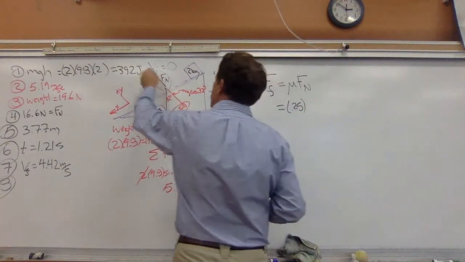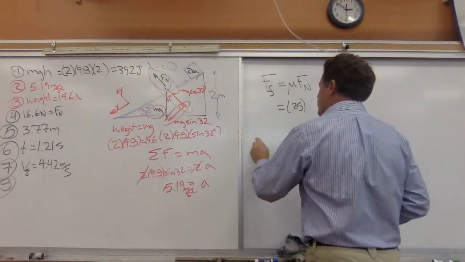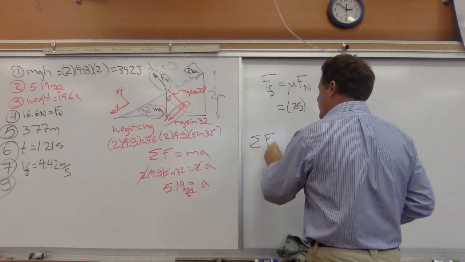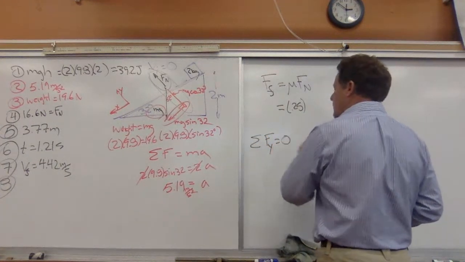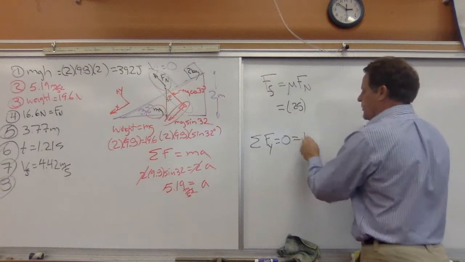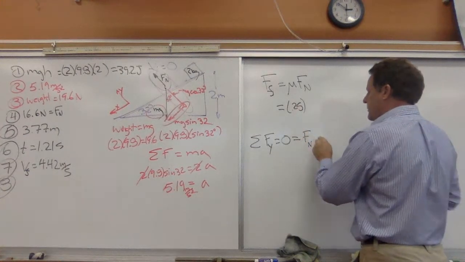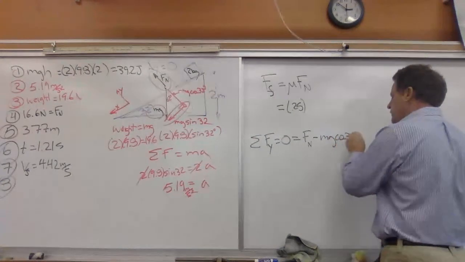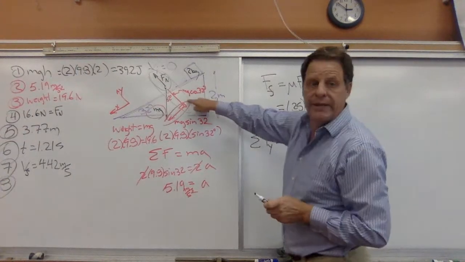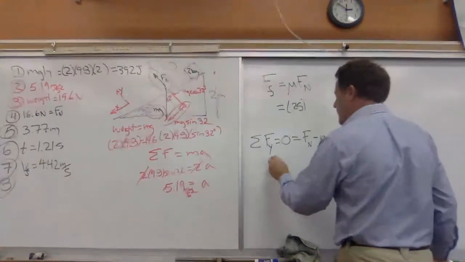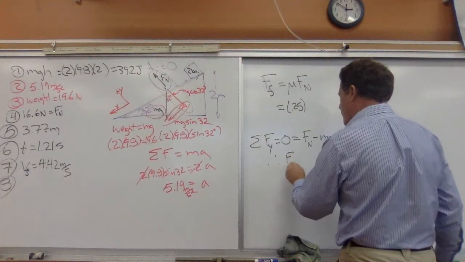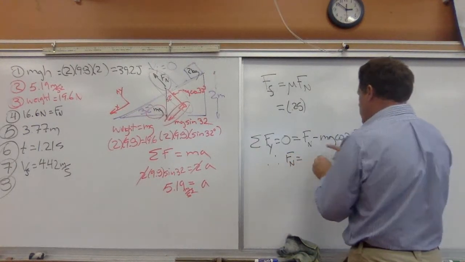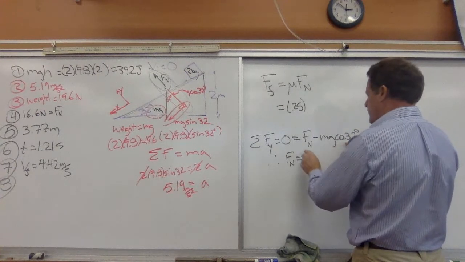Okay, so we can see right here that the sum of the forces in the y was equal to 0. So we had force normal up minus mg cosine 32 going down. Therefore, we're going to have force normal is equal to mg cosine 32.